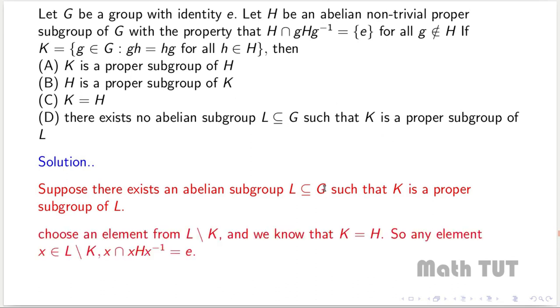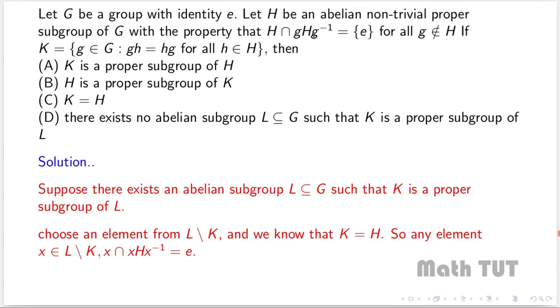So we are assuming that such a group exists. If you take an element in L minus K, we have the property that C is true. So any element x in L minus K has the property that H intersection xHx inverse is equal to singleton e, by this property of H which is given to us, because K is H itself.